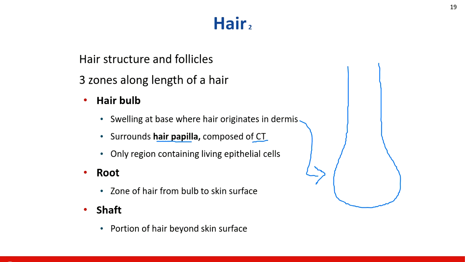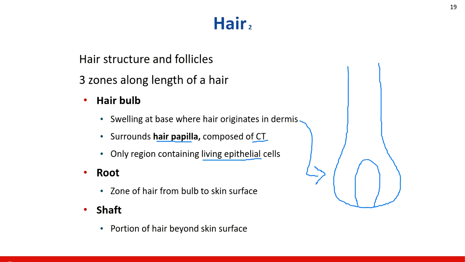But the big thing that you need to understand, and this has been asked on some of the lab tests for chapter 6, and some of the students get this wrong, is that this is the only area of the hair in which we have living epithelial cells. So we'll see it down here in this region.